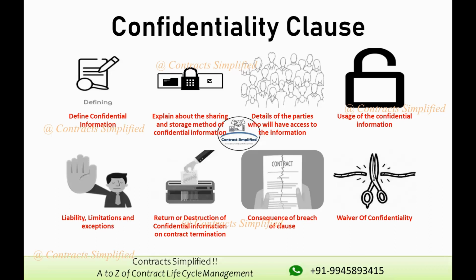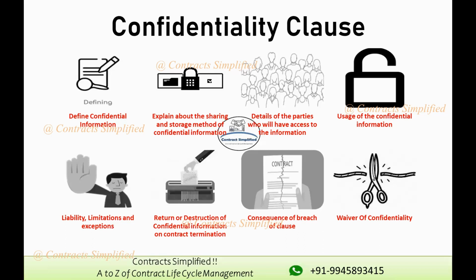The next one is setting out liability, limitations, and exceptions. Here you have to set the liability of the parties. If they are storing at some place, they have to take proactive actions for its security, and you must state to what extent they are liable, and also any limitations and exceptions.